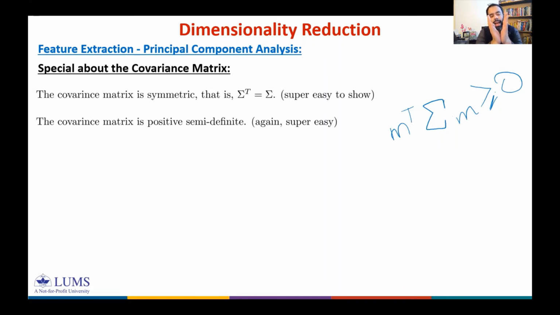That means the angle between sigma M and M is between plus and minus 90 degrees. So it can be this way or this way. That means the cosine of the angle between these two is positive.